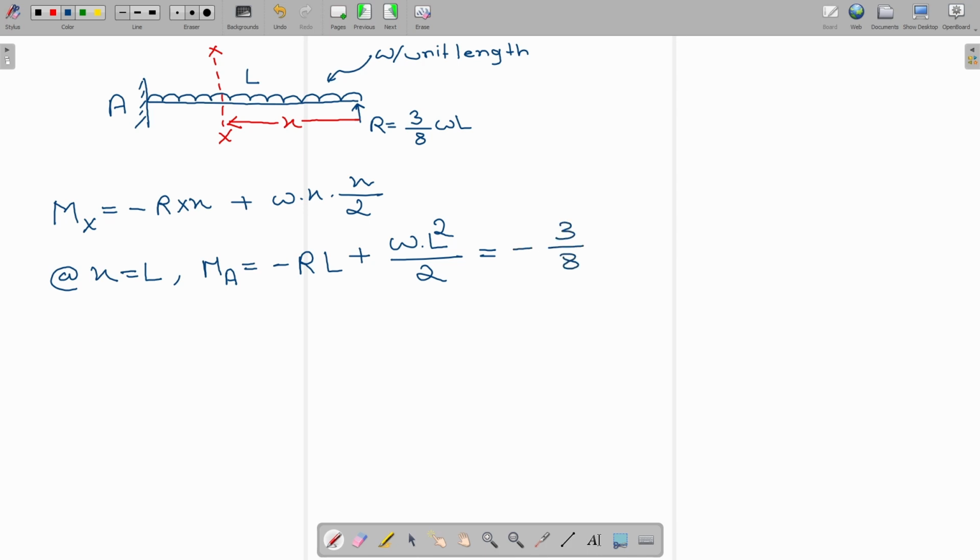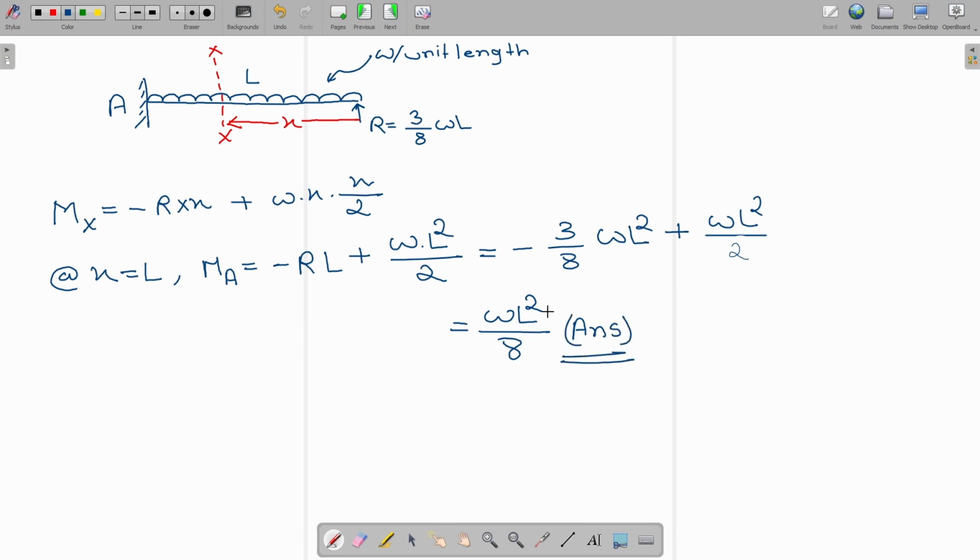Minus 3 by 8 W into L square plus WL square by 8, not 8 but 2, is equal to W L square by 8. This is our answer.